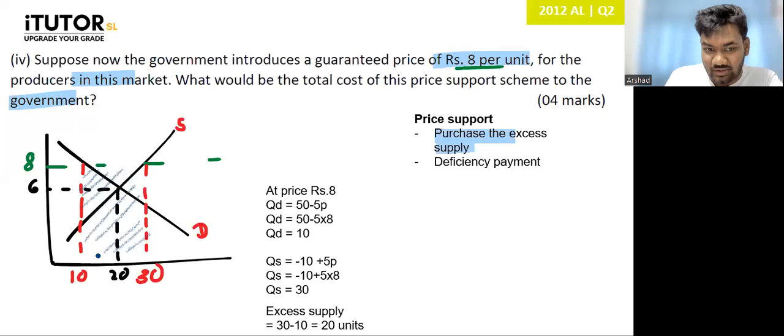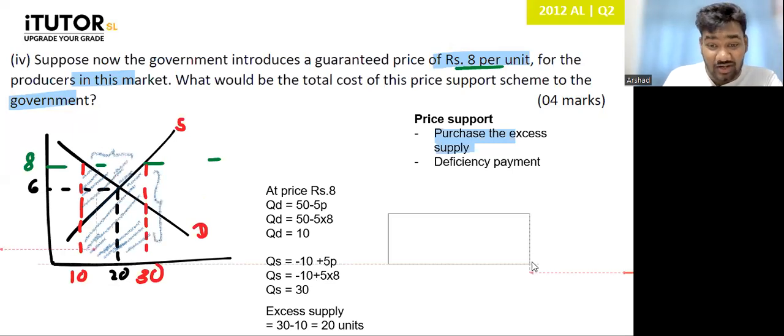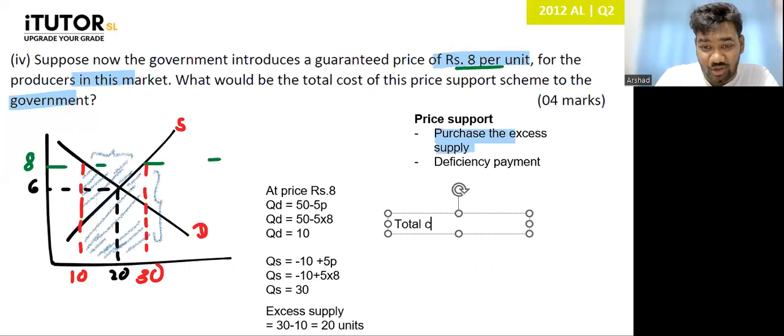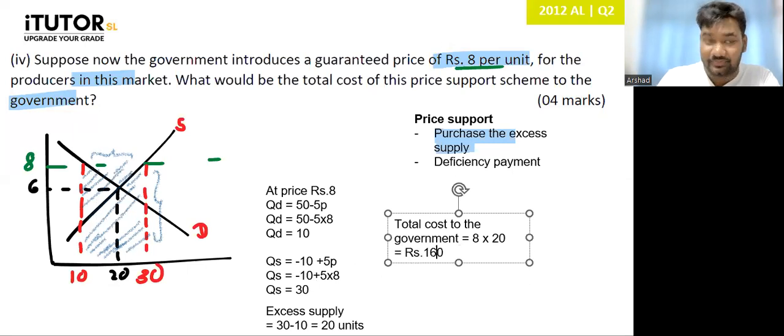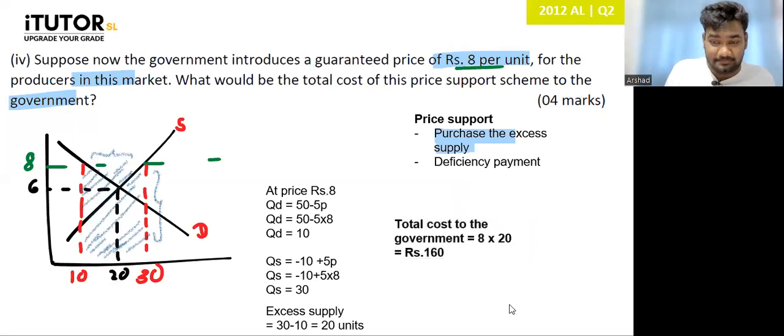Per unit, they have guaranteed a price of 8, and there is 20 excess supply. So 20 into 8, the total cost to the government is 8 rupees into 20 units, that is 160. That's your final answer.